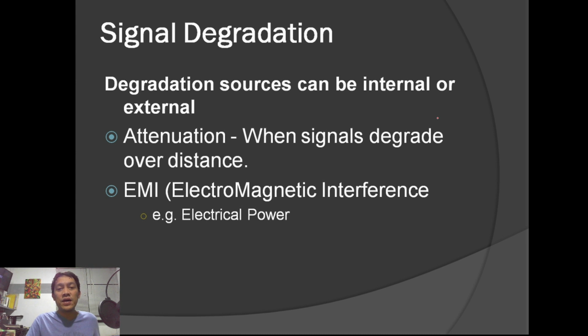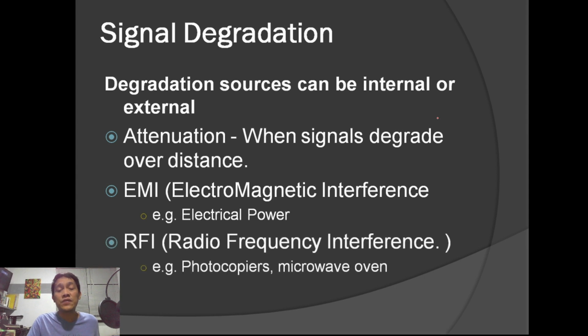Next, we have the EMI, or the electromagnetic interference. So, just like I discussed earlier, sa mga electrical power source, usually they produce electromagnetic interference. Okay, so the next one is the RFI, or the radio frequency interference. So just like with your guide on your network cabling, always remember that most appliances produce radio frequency interference.